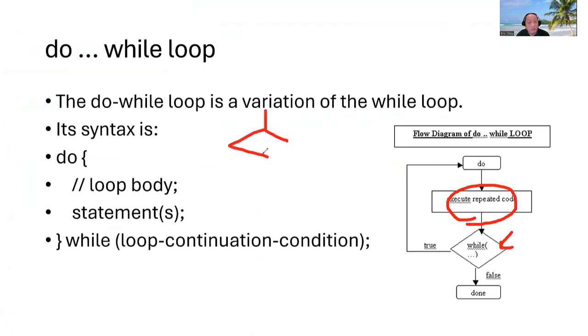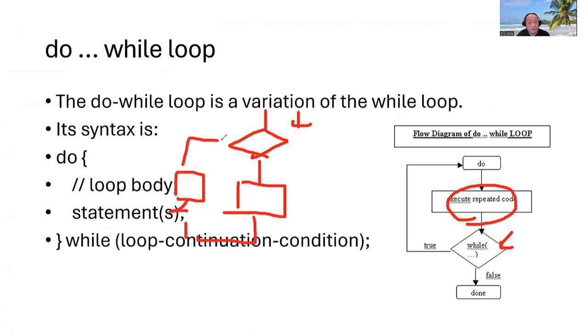In your while loop, you will check the condition first before you do something, and then update and then redo it again. This is the while loop or for loop. In do while loop, you will do something for the first time, and then you will update it and check, and then repeat. This is called do while loop.